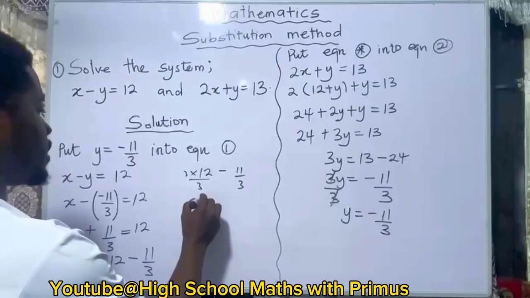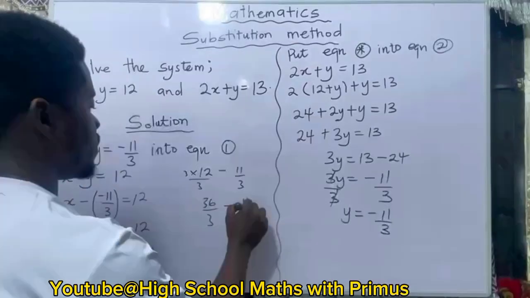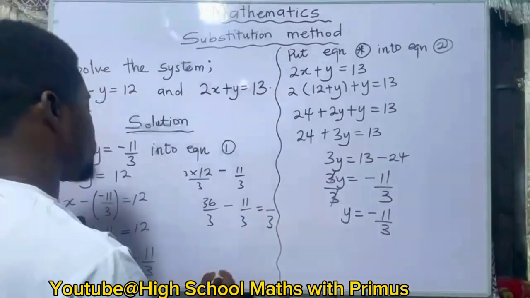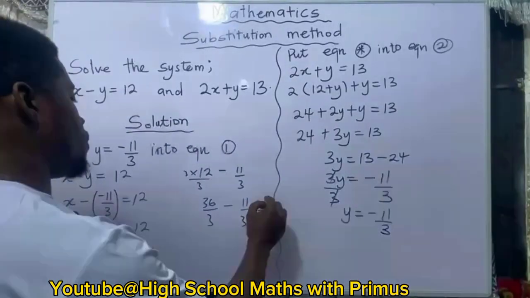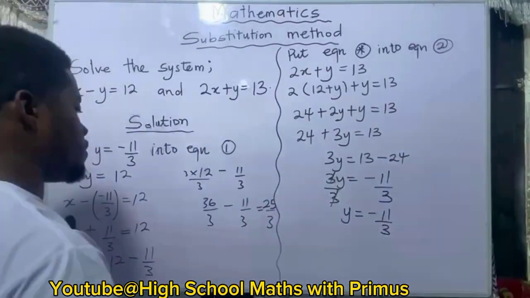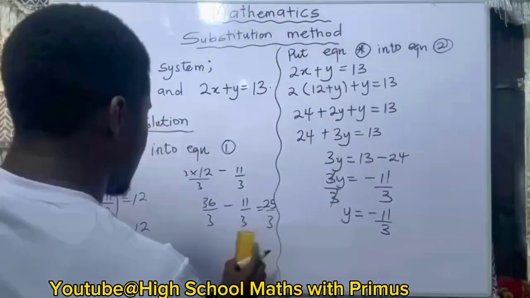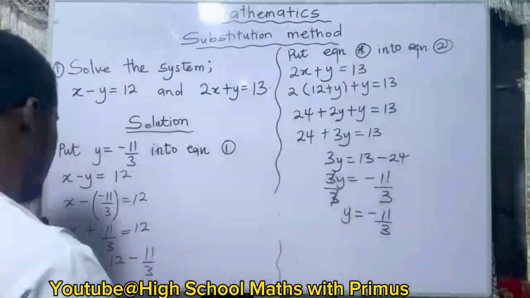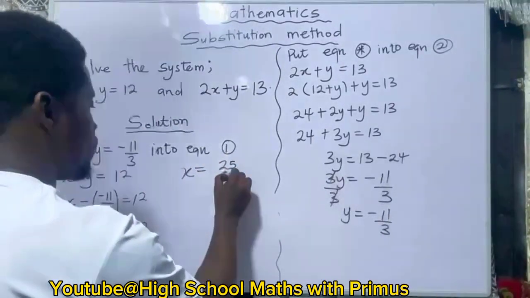So we have 36 over 3 minus 11 over 3. Since they have the same denominator, we can subtract the numerators. 36 minus 11 gives me 25. For that matter, we can now say that our x is equal to 25 over 3.